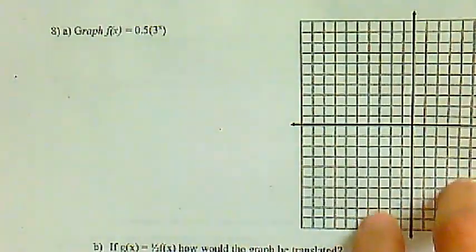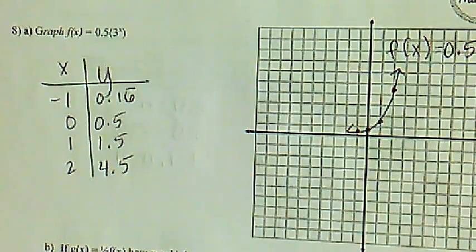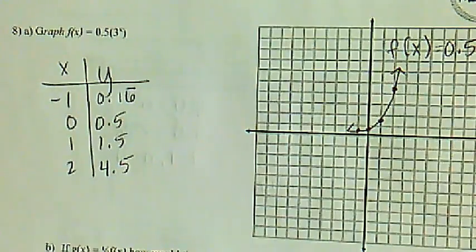So hopefully by now you're making all of your connections, all right? So here we have another one, but our coefficient is a fraction this time. So when putting this into your calculator, you should get this. Again, you should be putting this into your calculator.